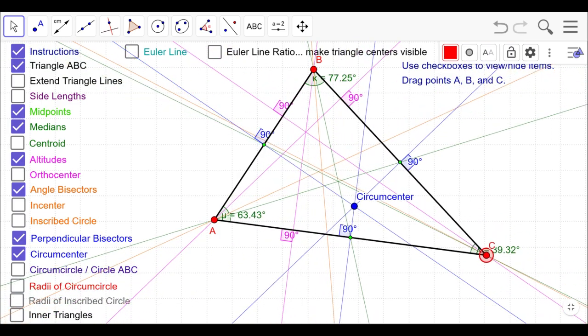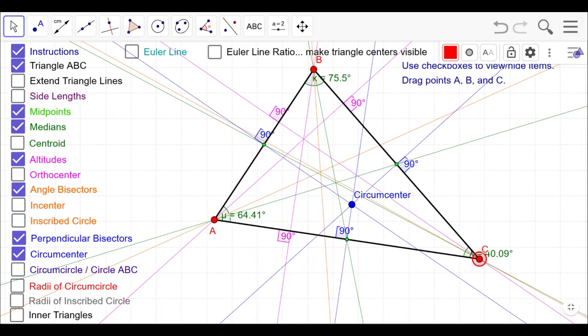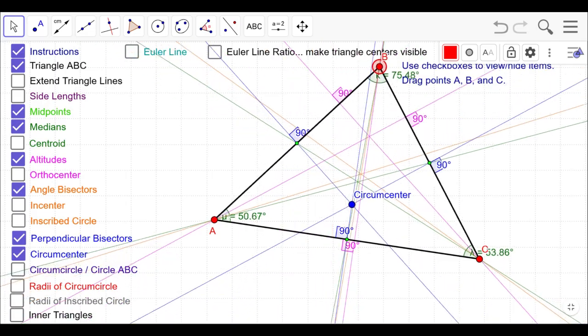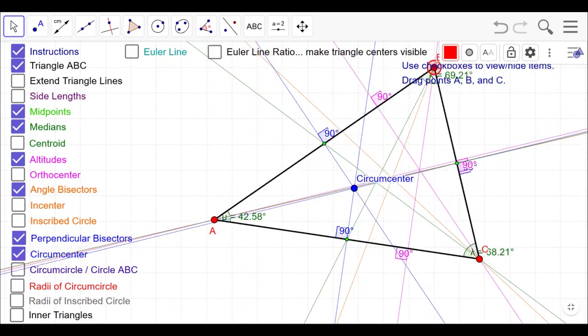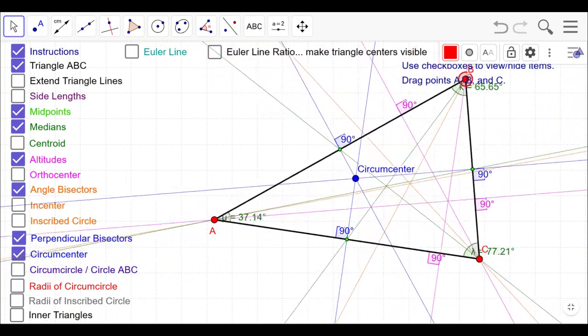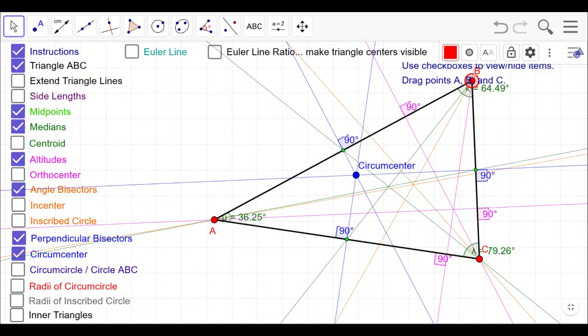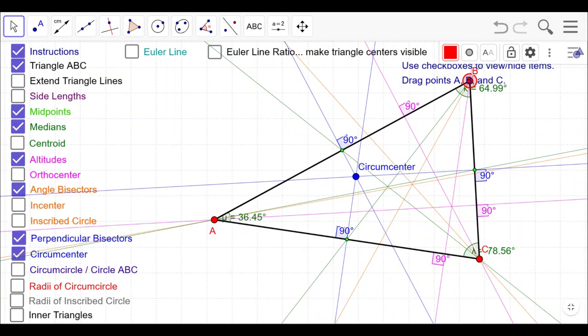Which of these lines, when they intersect, form the circumcenter? Is it the medians, the altitudes, the angle bisectors, or the perpendicular bisectors? Blue is perpendicular, orange is angle, pink is altitudes, green is medians.